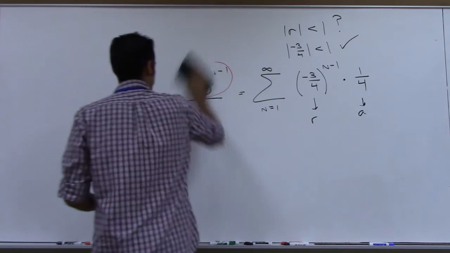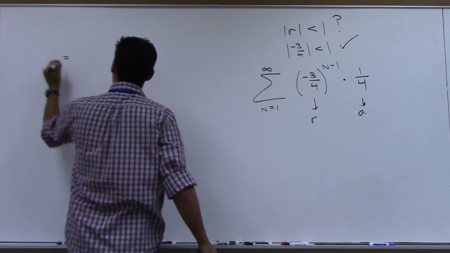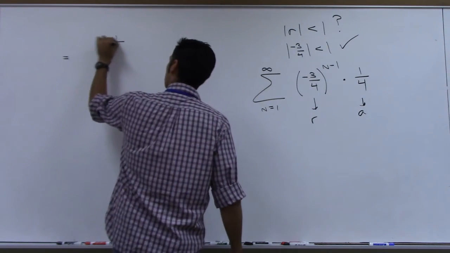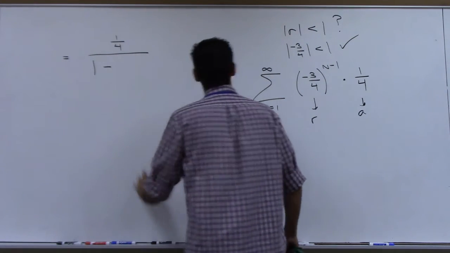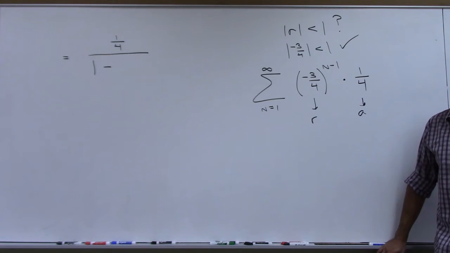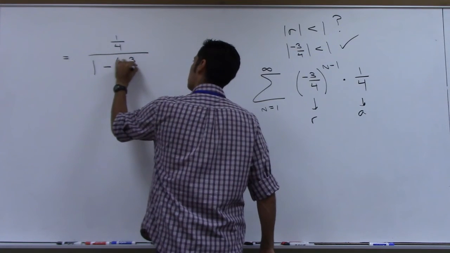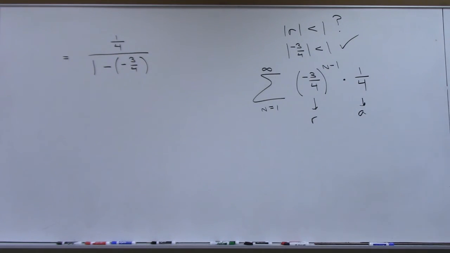A over 1 minus R. So this is going to be equal to A, 1/4, over 1 minus R, not the absolute value of R, R itself, negative 3/4. So we're going to subtract a negative. It's going to wind up adding, but I just want to make sure everyone sees where it comes from. That's a final answer.